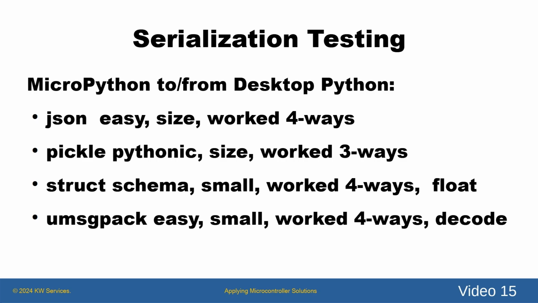Struct uses a complicated schema that must be known by the sender and destination. But it does provide a compact message, and it worked all 4 ways. However, we did notice that the floating point number received by the desktop used that approximation of floating point arithmetic, and we would have to truncate the values there.